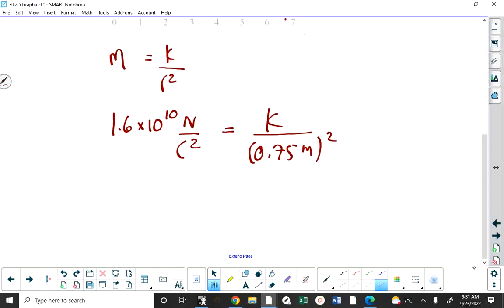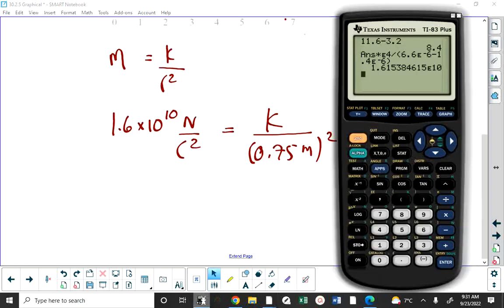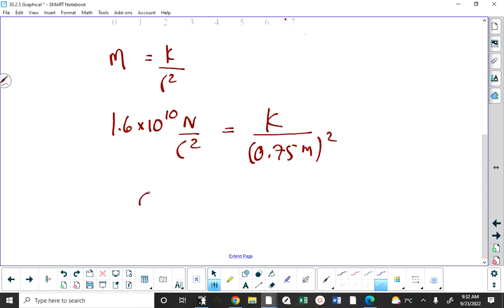So if we multiply our slope, just looking at this purely mathematically, look at this equation. Forget about the units. You have a number equals an unknown over a number. You have to multiply that 1.6 times 10 to the 10 by the 0.75 squared. So you're getting 9.1 times 10 to the 9.